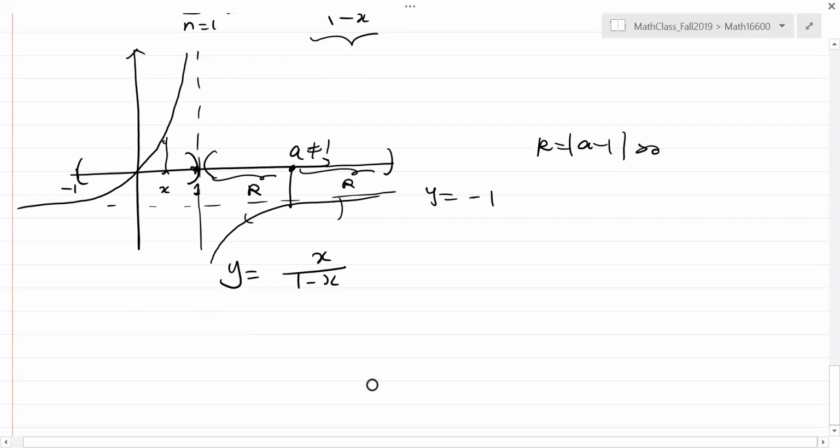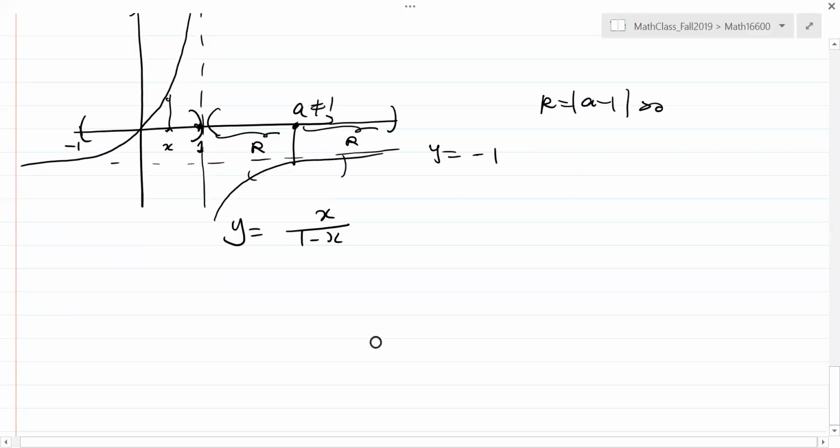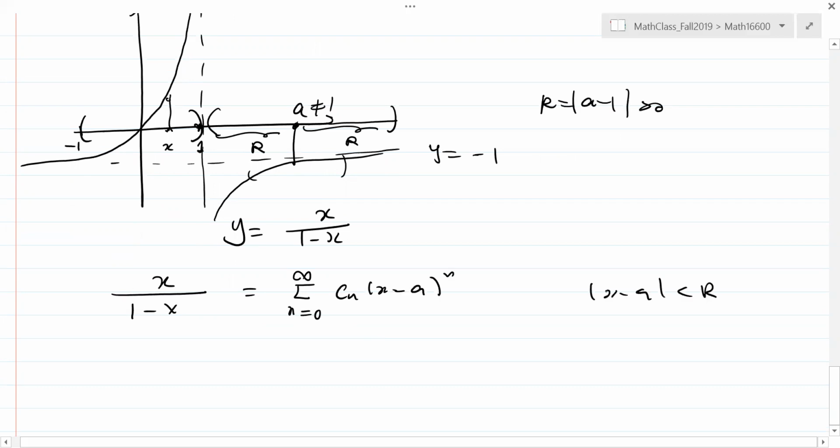So I'm going to find the power series representation for this function when the absolute value of x minus A is less than R. All I have to do is determine the coefficients.